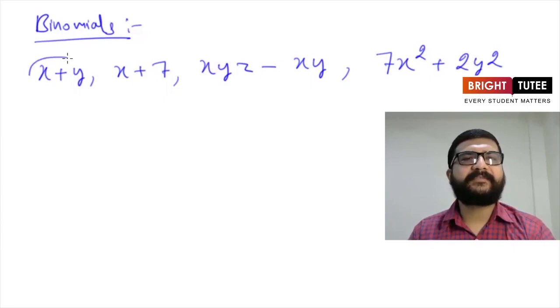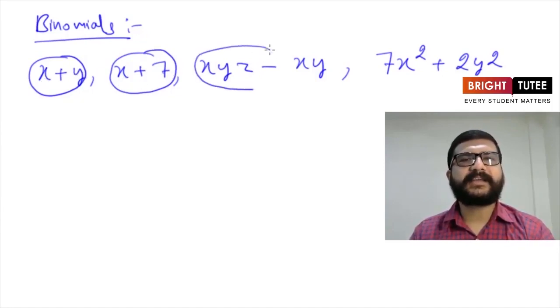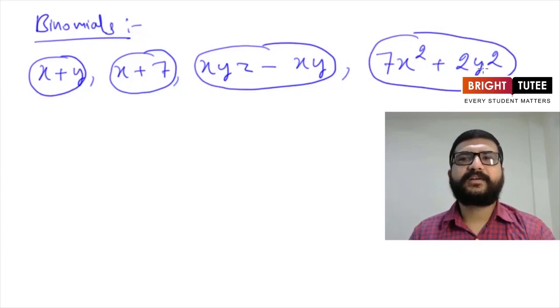As we can see here, in every expression there are 2 terms. For x plus y, the 2 terms are x and y. For x plus 7, the 2 terms are x and 7. And then we have xyz minus xy. Again there are 2 terms. And then 7x square plus 2y square. Again there are 2 terms. So all these are examples of binomials.